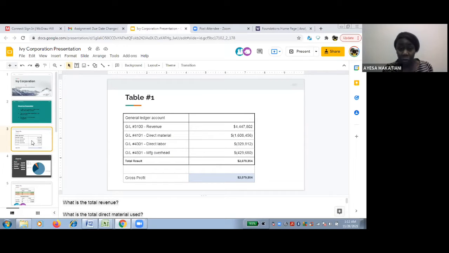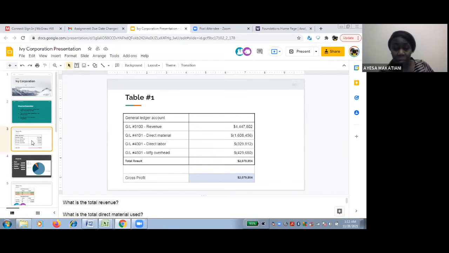They received a revenue of 4.4 million. And out of the revenue that the company received, there are some manufacturing overheads. So from the general ledger account, from the 4.4 million that was received in revenue, the expenses were deducted.